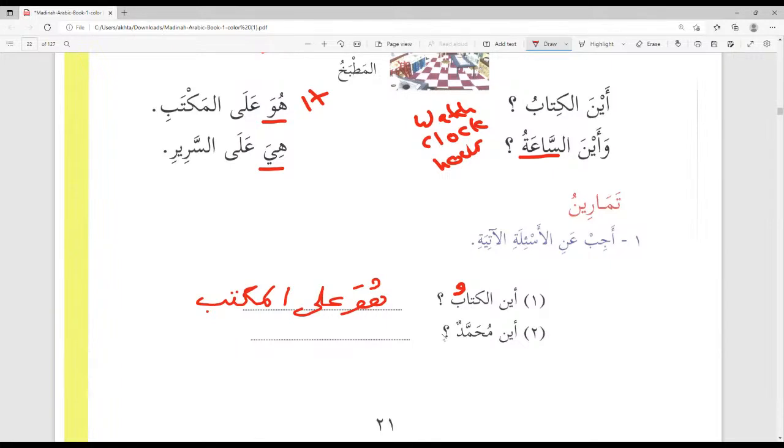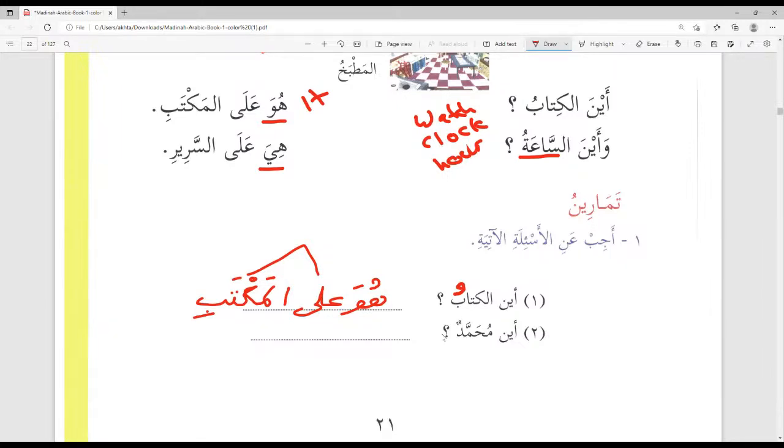So it still makes sense, and likewise now هو على المكتب is correct. Or even if you answered على المكتب, that's a sufficient answer as well. But you should answer according to the lesson.